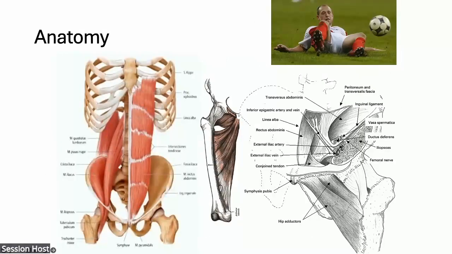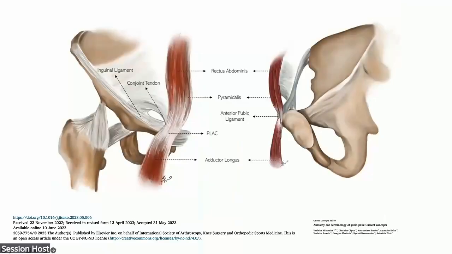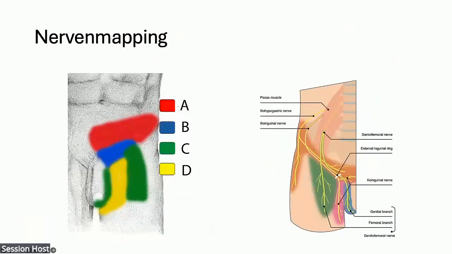When we see how the adductor longus and the rectus abdominis work together, we see there's a problem in the so-called pubic fascia between the adductor longus insertion and the rectus abdominis insertion, and that leads to a weakness in the posterior wall.